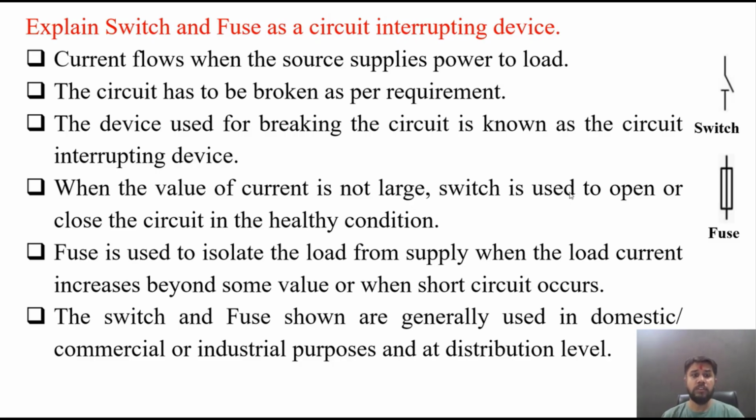A fuse is used to isolate the load from supply when the load current increases beyond some value or when a short circuit occurs. The switch and fuse shown are generally used in domestic, commercial or industrial purposes at distribution level. In the figure you can see the image and the electrical symbol of switch and fuse that are used for protection purposes in the circuit.